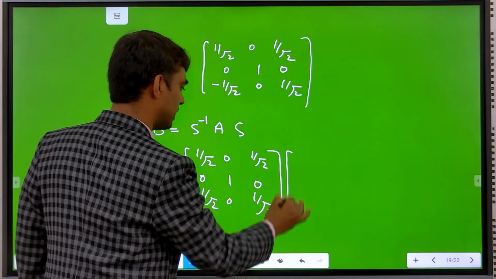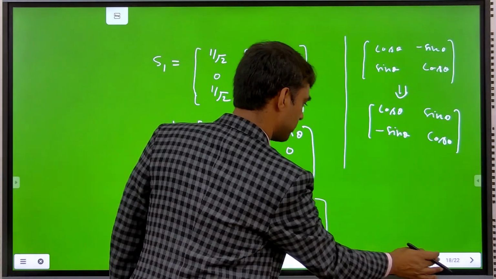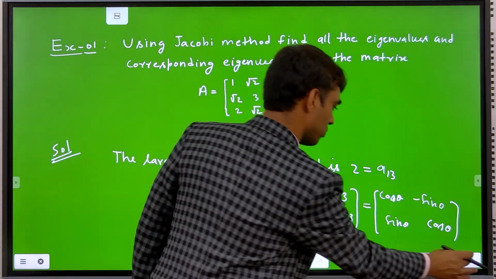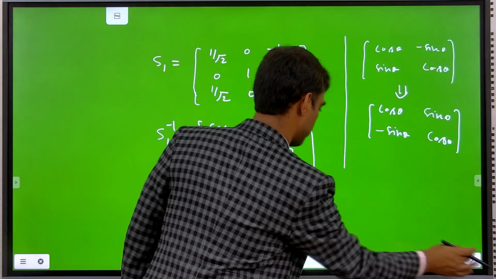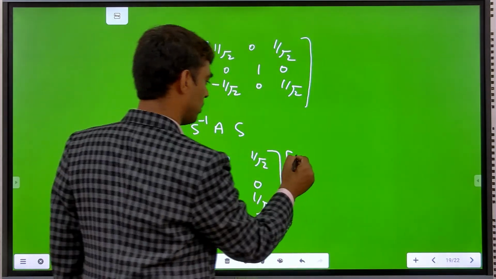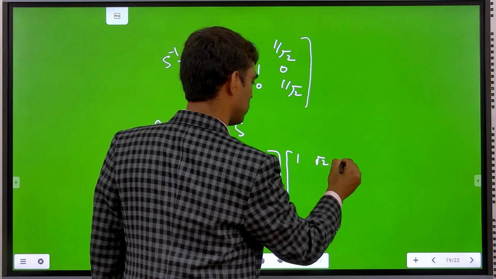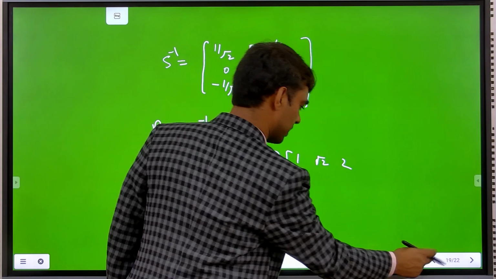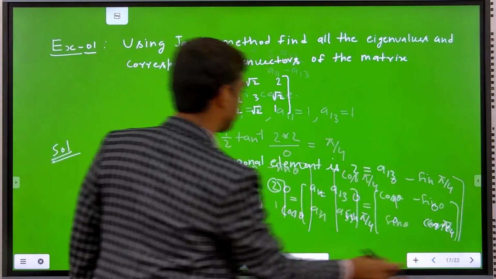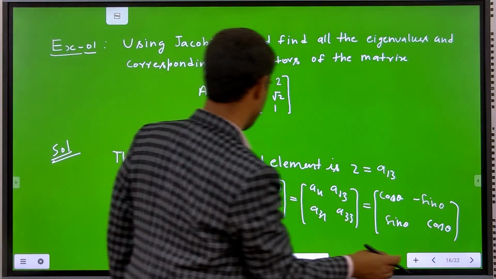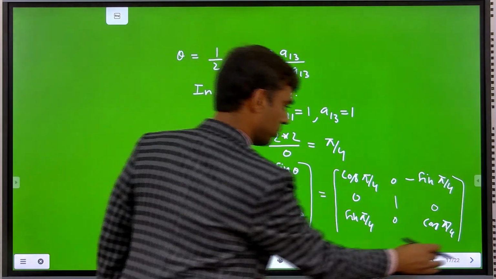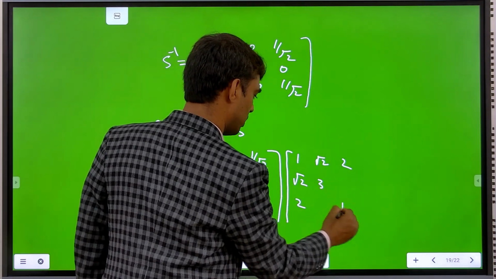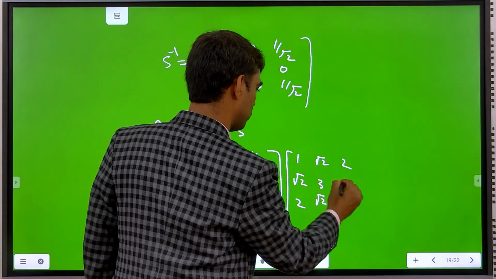Here we write the matrix A, which is a symmetric matrix: 1, root 2, 2, root 2, 3, root 2, 2, root 2, 1 arranged appropriately.